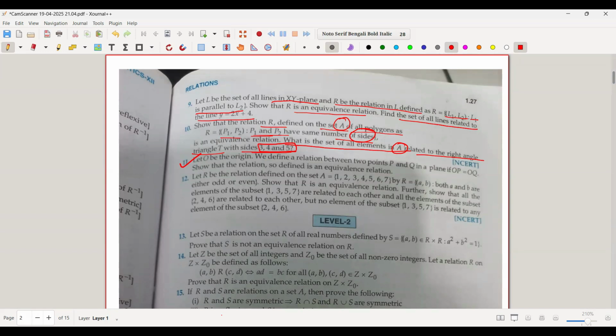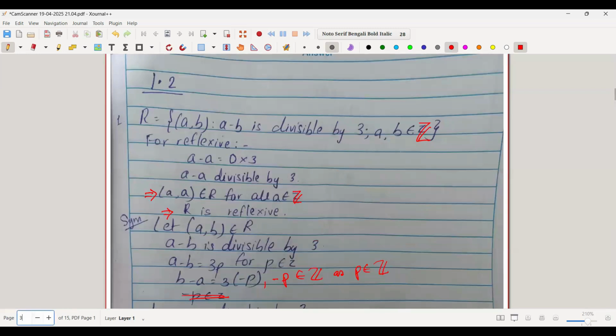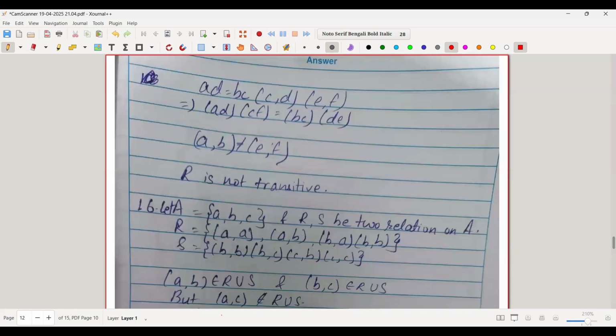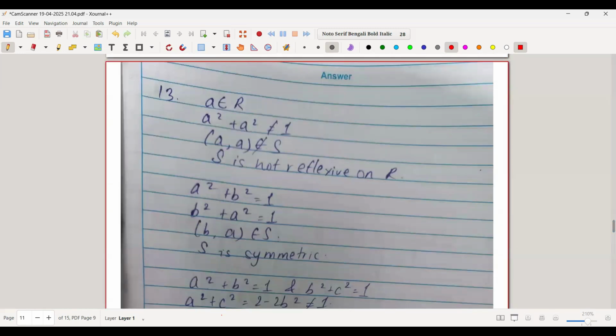Question number 13. Let S be the relation on the set R of all real numbers defined by (a, b) belongs to R cross R such that a square plus b square equals 1. Prove that S is not an equivalence relation on R. So a belongs to R, a square plus a square is not equal to 1.